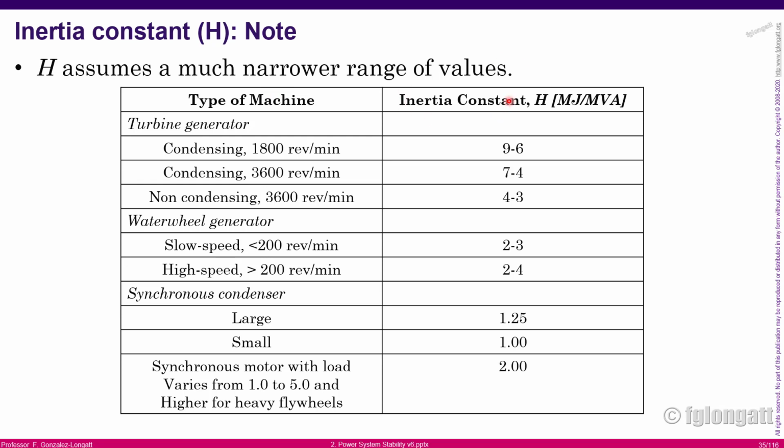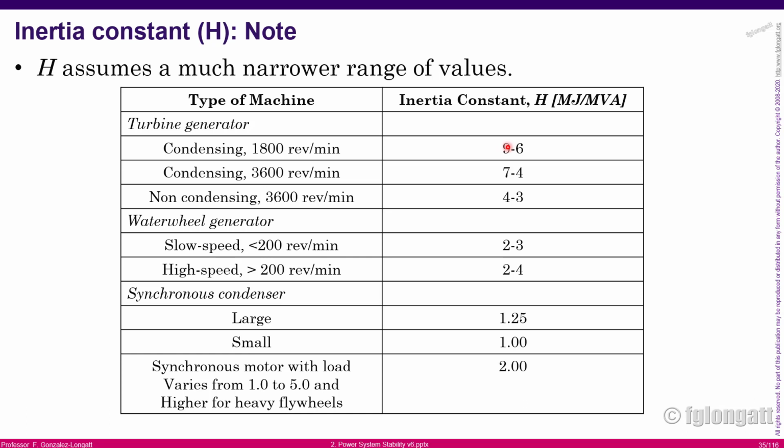But without so much explanation, what you can see is that the minimum inertia is around 1 and the maximum is probably 10. What I'm trying to say is that it's very simple to detect mistakes because the inertia constant is inside a very narrow range of values.